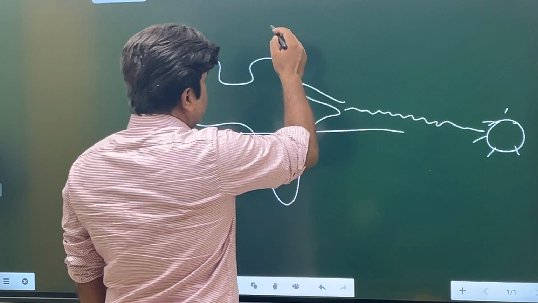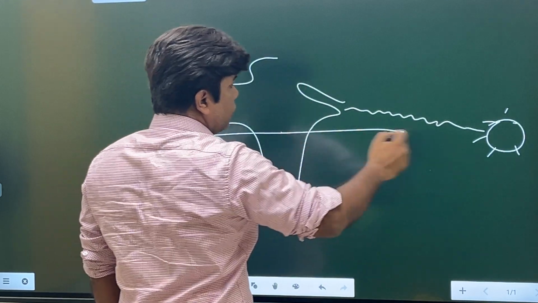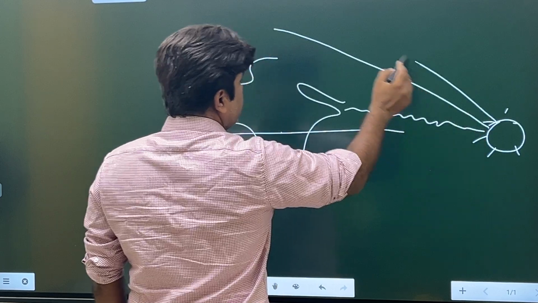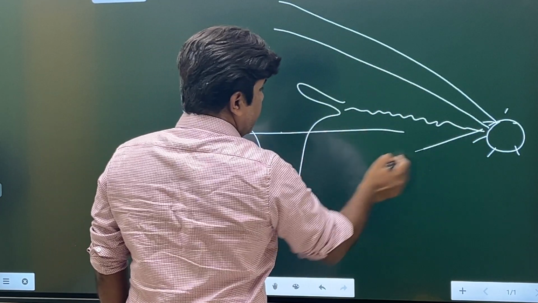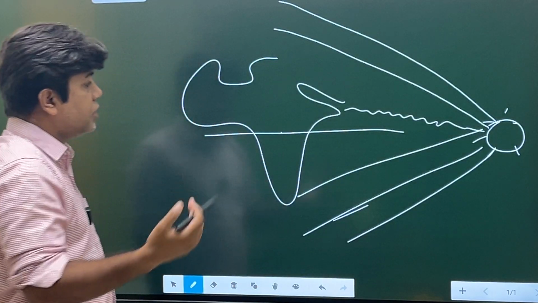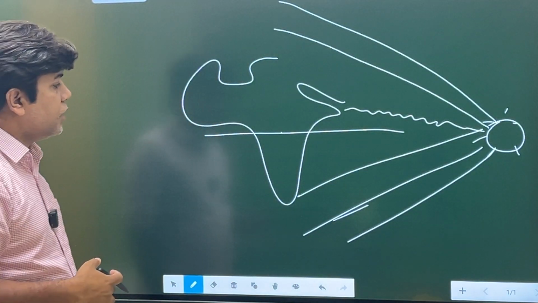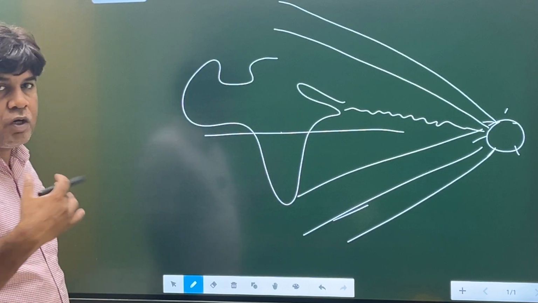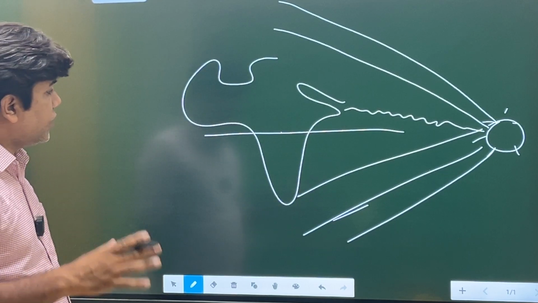As you move away from the equator towards the pole, these rays, that is incoming solar radiation, become inclined, and when they become inclined, they have to travel more distance through the atmosphere, and when they travel more distance, more dissipation of energy takes place.